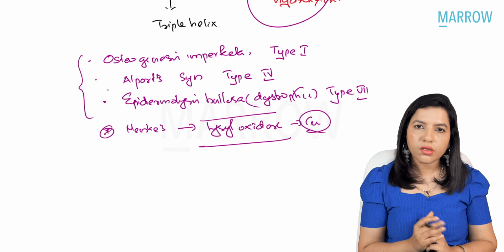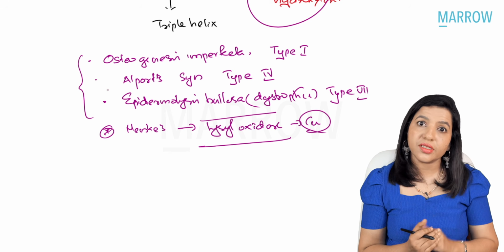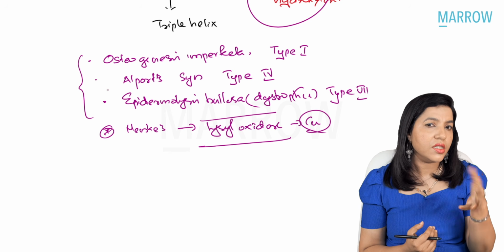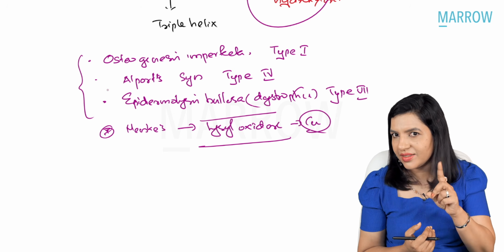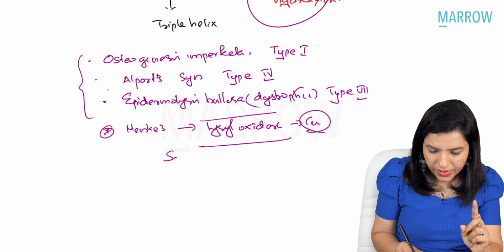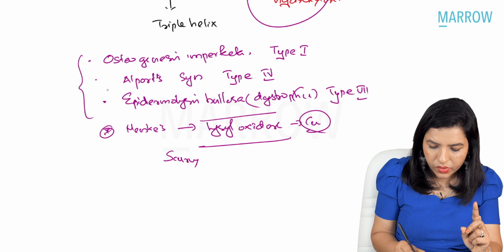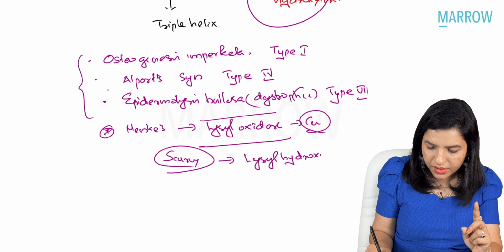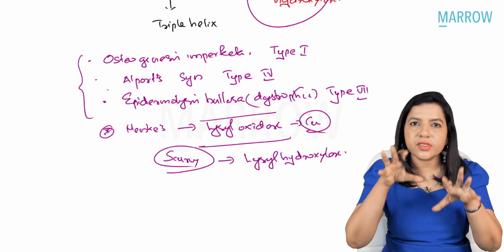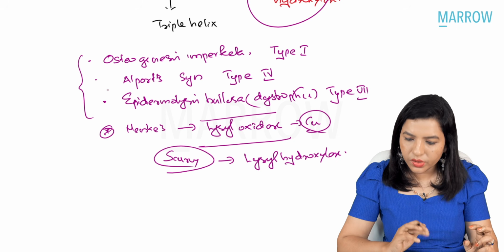So these are the major collagen disorders. And scurvy, how is scurvy affecting? Which enzyme is affected? It is lysyl hydroxylase, not lysyl oxidase. Scurvy also causes a collagen defect, and that is through lysyl hydroxylase. Okay, so these are the major areas that we have to learn in collagen.